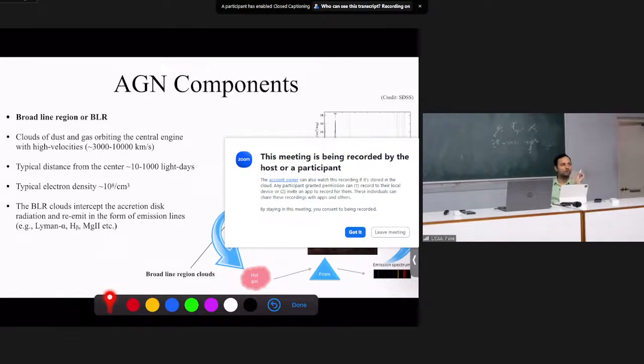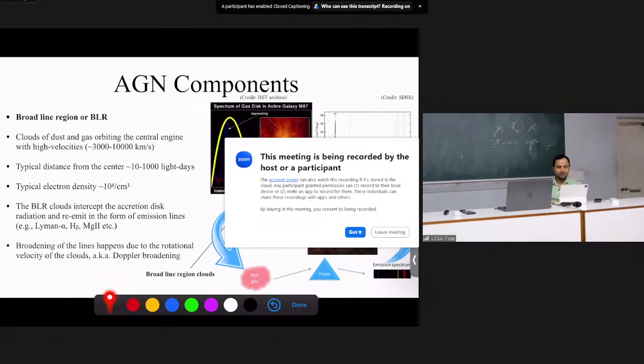Okay, so now we have one more piece of information. Fine. From imaging we have not resolved those features, but from the spectrum we can get the idea. And one interesting thing here is that these lines you see do not look like one delta function. They look like broad lines. Okay, you see there's some width. And this width happens because of something called Doppler broadening. So what is happening?